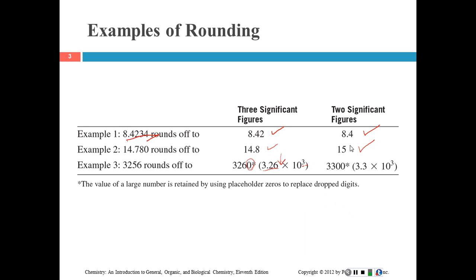And if we only wanted 2 significant figures, it would be 3,300, or 3.3 times 10 to the third. So just keep it in mind that the number may look funny, but you can only report as accurate as your least accurate measurement.